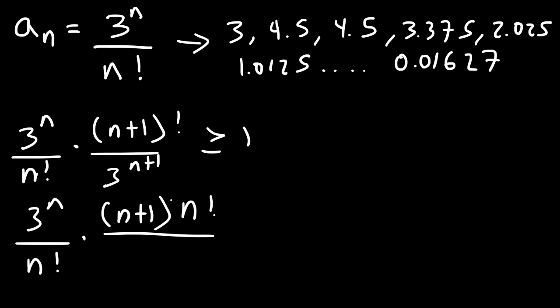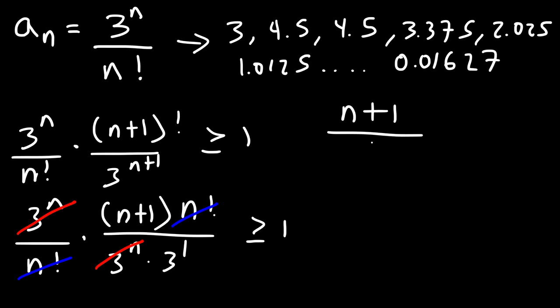And 3 to the n plus 1 is 3 to the n times 3 to the 1. So we can cancel 3 to the n, and we can also cancel n factorial. And so what we have now is that n plus 1 over 3 is greater than or equal to 1.